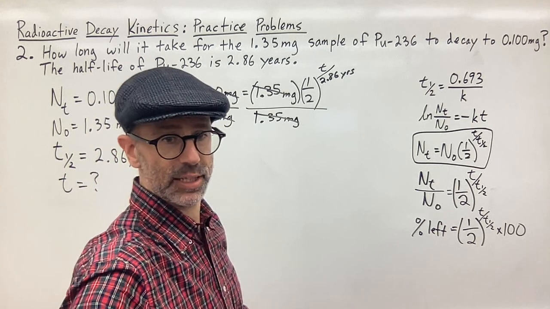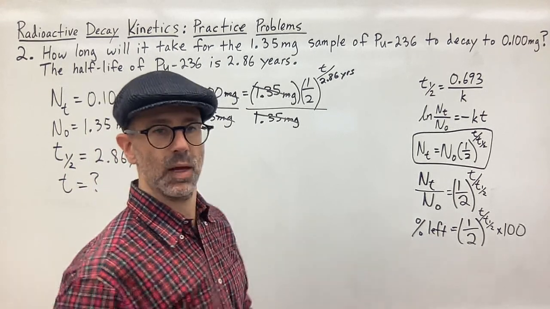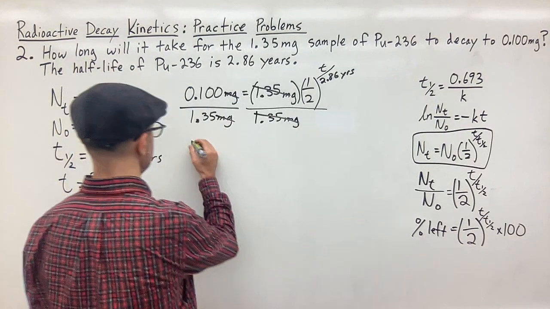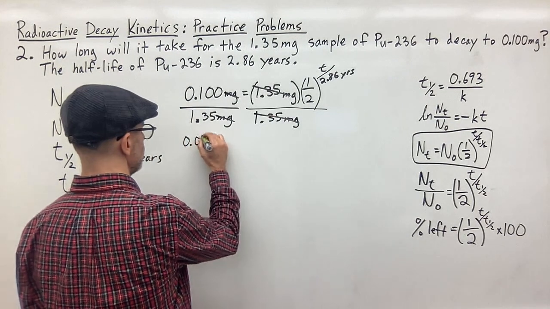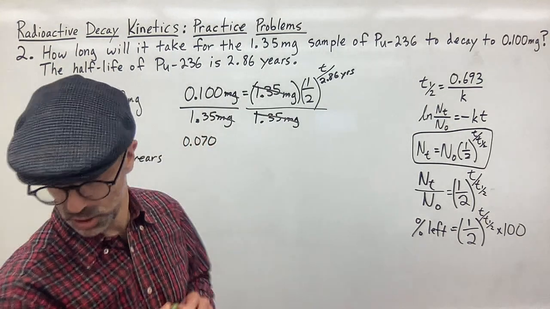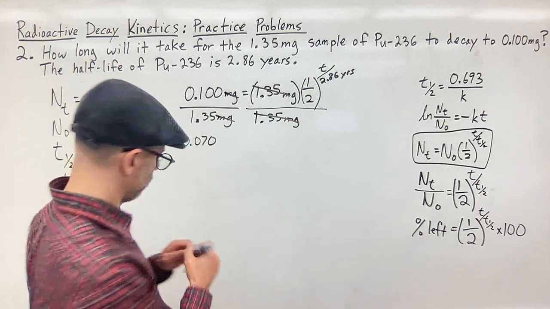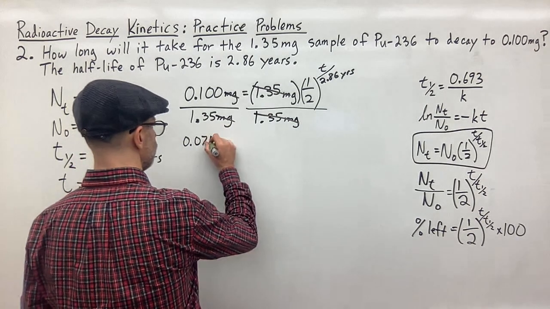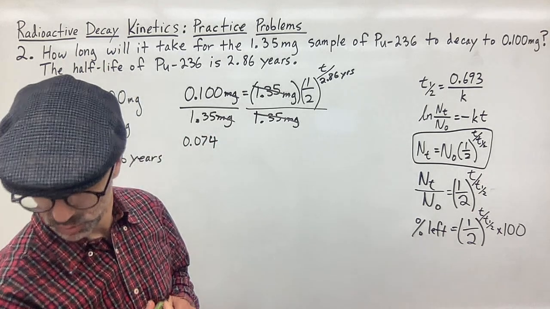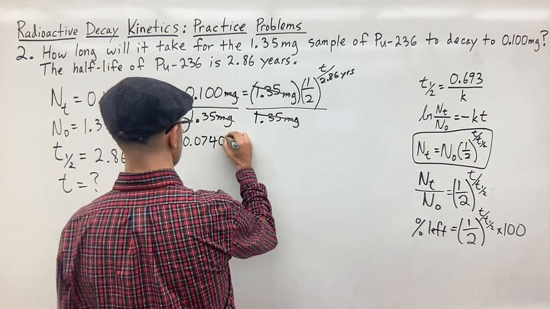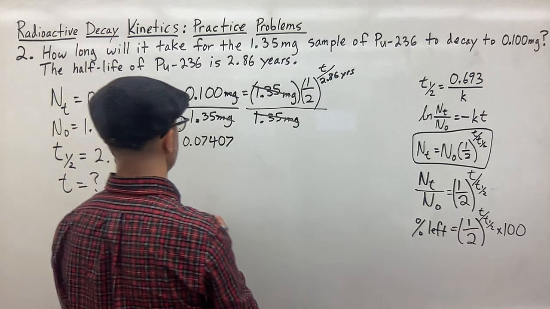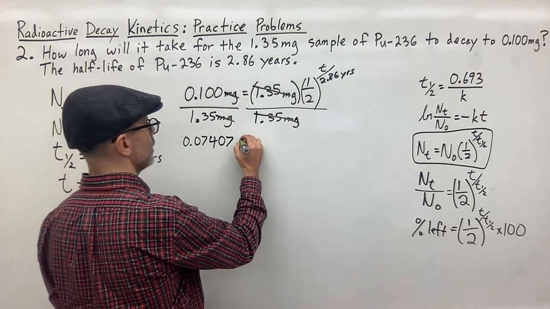Okay, and that's equal to 0.07407. I got a few more digits than I need, but that's okay.